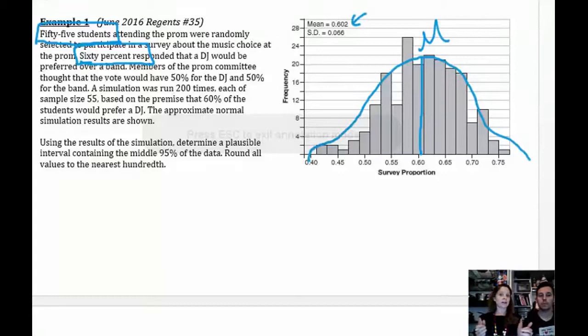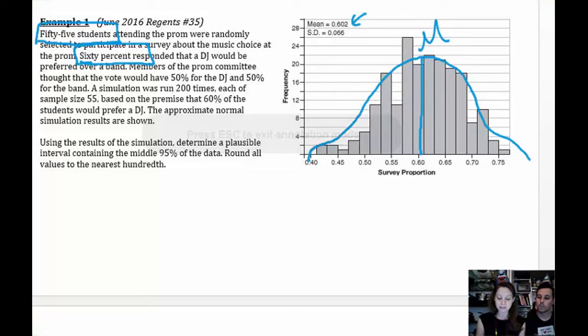Right. And so you're doing a 10-sided die roll for 55 students, and then you're doing that 200 times. Any 1 through 6s are a yes, any 7 through 10s are a no, and we're calculating the proportion of yeses of those 55 students for every simulation, 200 times.